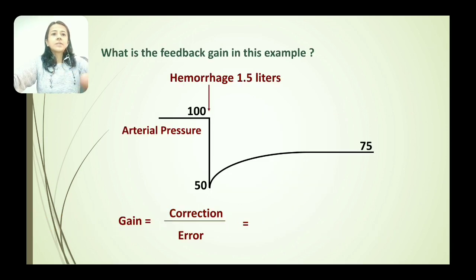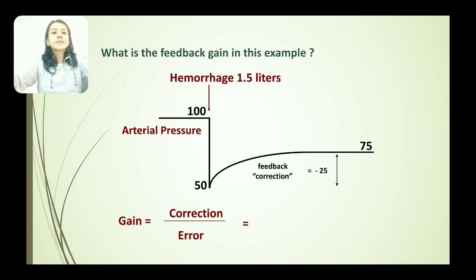Now, for example, you can see here, suppose normal mean arterial pressure is 100 mm of mercury, and whenever there is hemorrhage, suppose 1.5 liters of blood is lost, then if the baroreceptor system is not working, the pressure falls to 50 mmHg. And when the baroreceptor mechanisms are working, instead of that the pressure falls to 75.